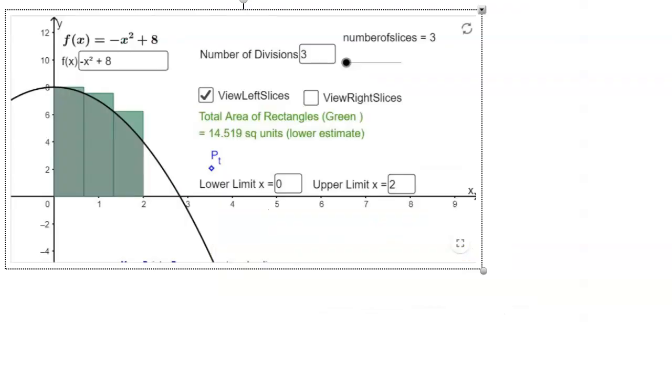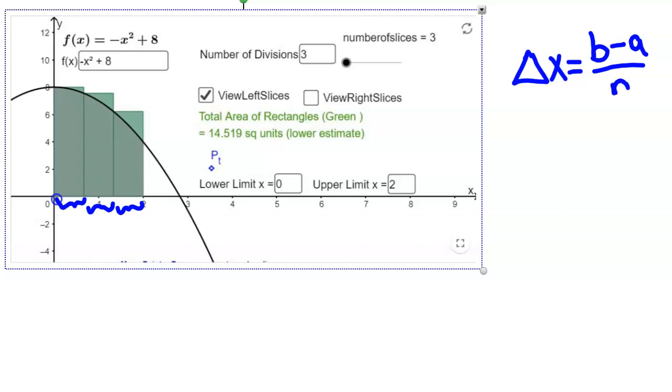I've just pulled up an image of those left slices with the area and just 3 rectangles. What we're going to do is find out the size of these lengths on the bottom, because we want them to be exactly the same. We'll call that the change in x. All you do to find those lengths is take your upper bound, which is 2, minus your lower bound, and divide it by however many we want.